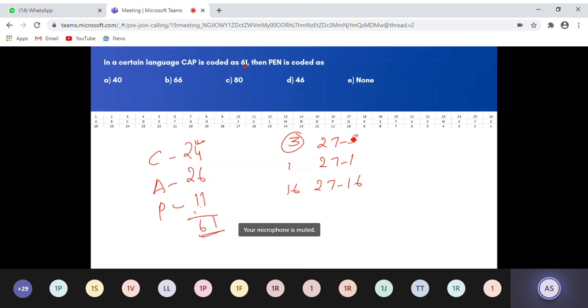So similarly for pen, P will be 11. E, we know the order is 5. So 27 minus 5 will be 22. N, we know it's 14. 27 minus 14 would be 13. Add this up.